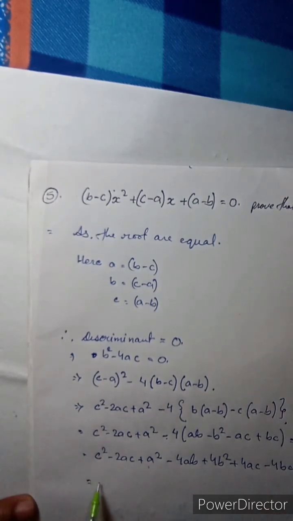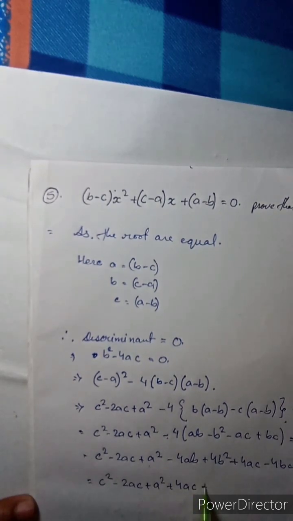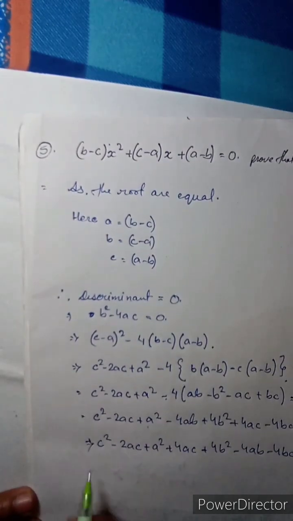Now c square minus 2ac plus a square plus 4ac, I have brought down, and plus 4b square and minus 4ab minus 4bc is equal to 0. So I have arranged this.